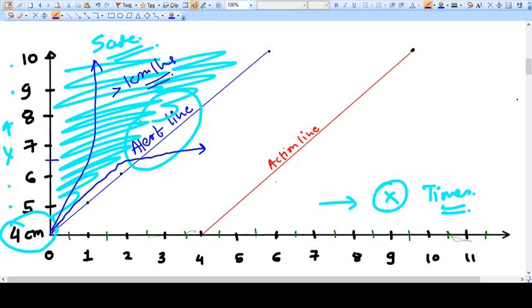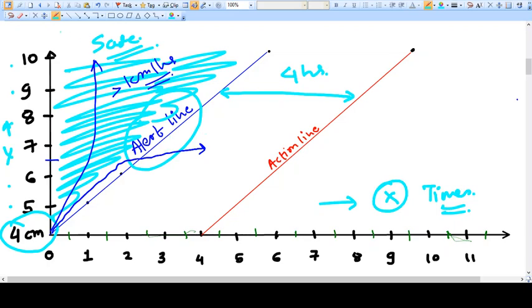Now, as I told you, the difference between the alert line and the action line is 4 hours.